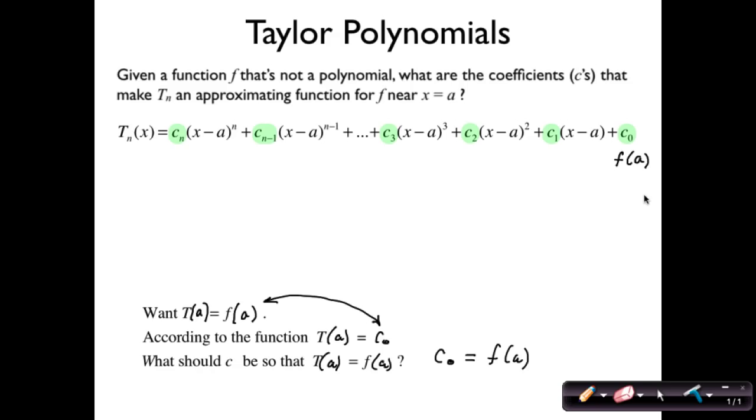Okay, so say f is the function natural log of 3x, centered at x equals 2. What's the constant term in our Taylor polynomial?